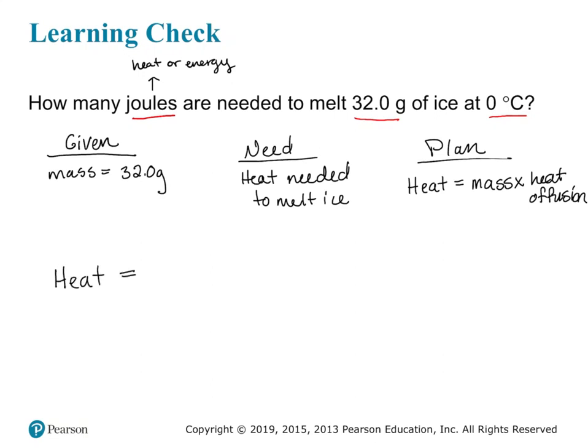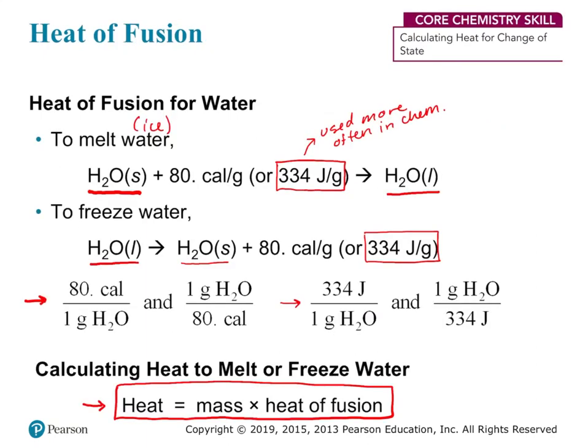So we know the mass is 32 grams. And we saw that the heat of fusion is 334 joules per gram. So if we go back to the last slide, remember, we said that the heat needed to melt or freeze water is 334 joules for every gram.